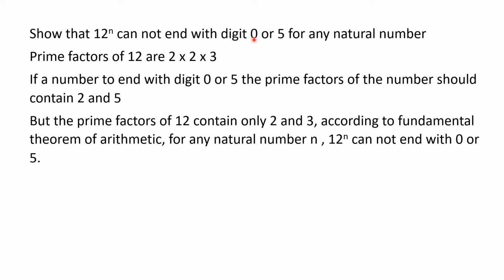What are the prime factors of 25? 5 5s are 25. So here you see, if a number ends with the digit 0 or 5, the prime factors of the number should contain 5, and for 0 also 2. But the prime factors of 12 contain only 2 and 3. According to the fundamental theorem of arithmetic, for any natural number n, 12 power n cannot end with 0 or 5.